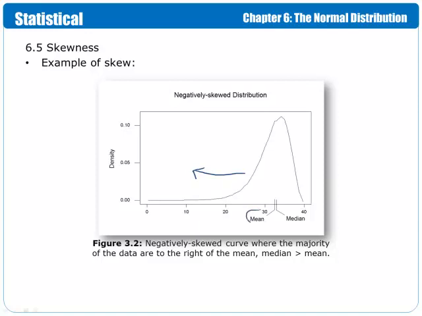So the mean is actually getting pulled in the direction of the skew by these outliers, because the mean is found by taking a sum of all of the values, including the outliers, and dividing by the total, whereas the median is only ranking the values at the end, and it's just finding where the middle number is. So it doesn't even care what the values are of the outliers, because it's only considering the middle number in the data.